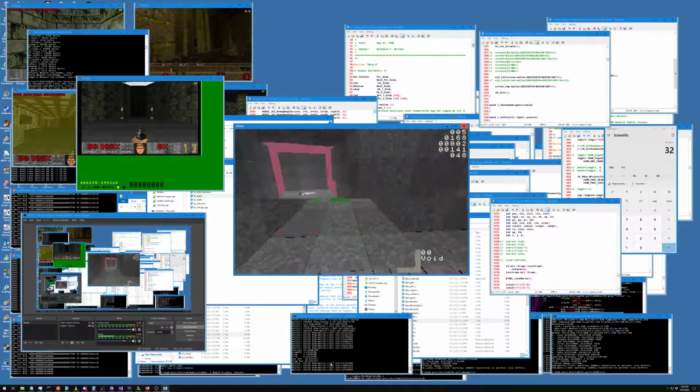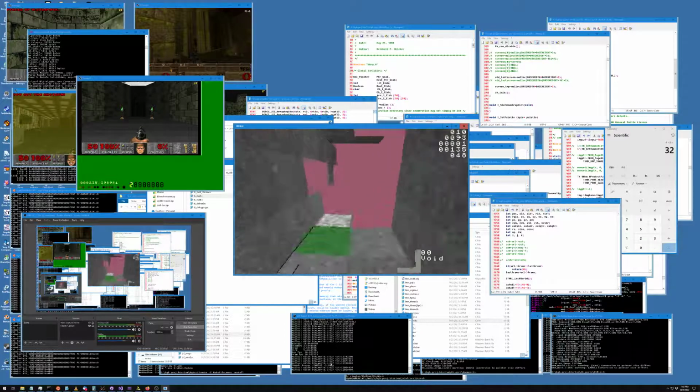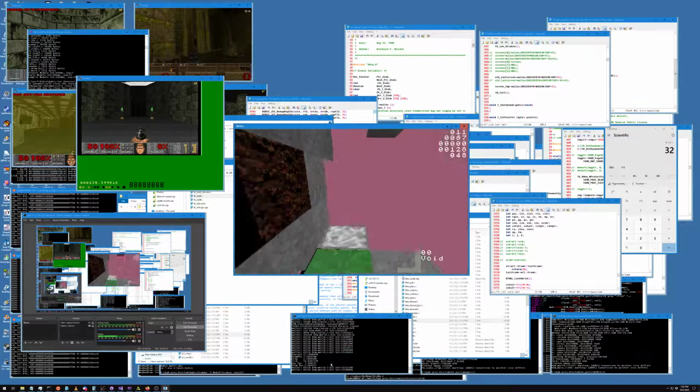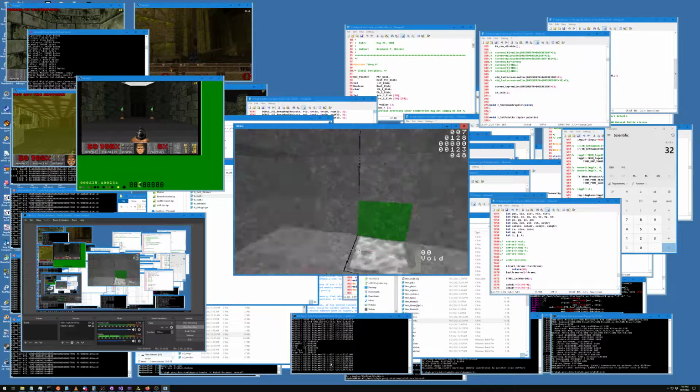In terms of ISA features, nothing major new.